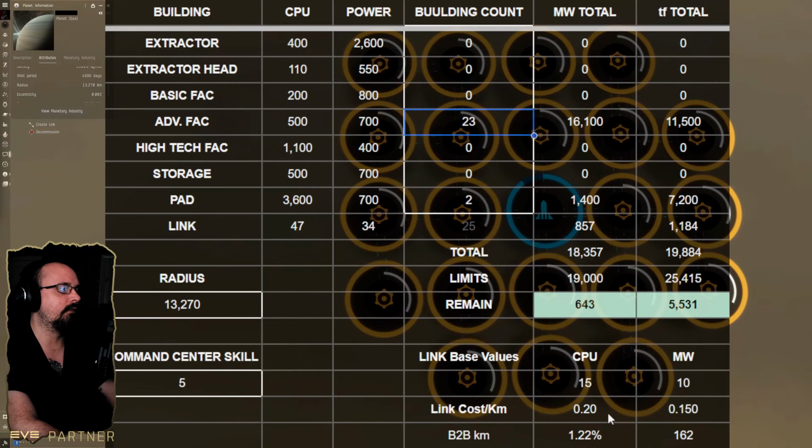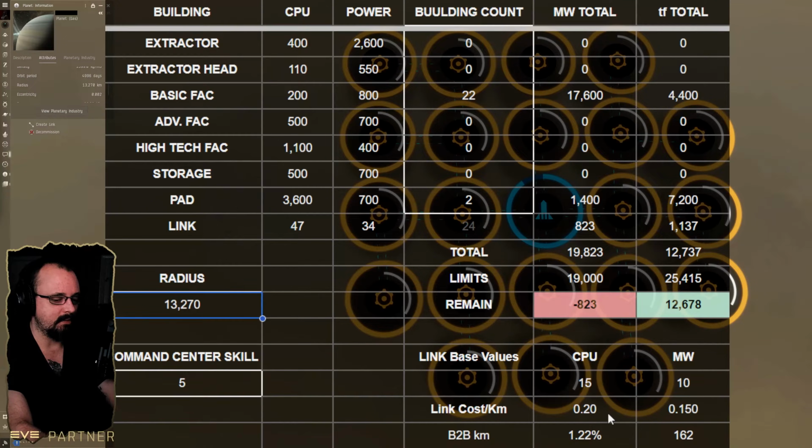You'll probably only get like 23 advanced factories with 2 pads on a gas planet because of the link cost. And also, if you wanted to make an entire P1 or basic factory planet, you can't actually do 24 like you can with advanced factories because they cost more. Even on a barren planet, you can get a maximum of like 22, but on a gas planet, it's not possible. The radius is too high.